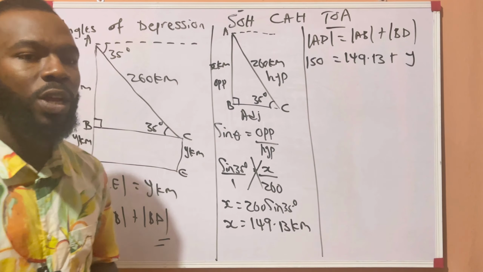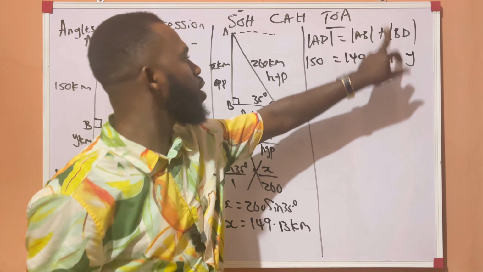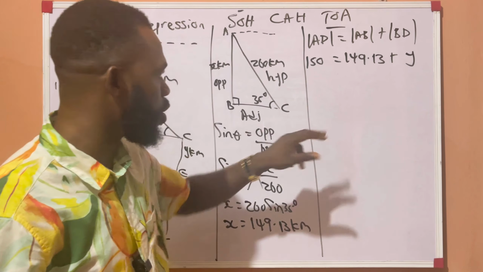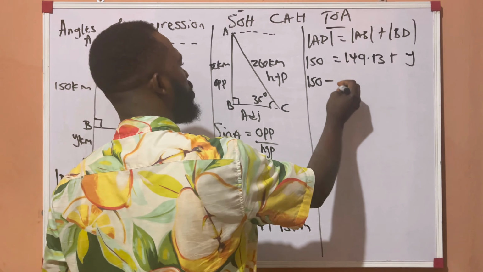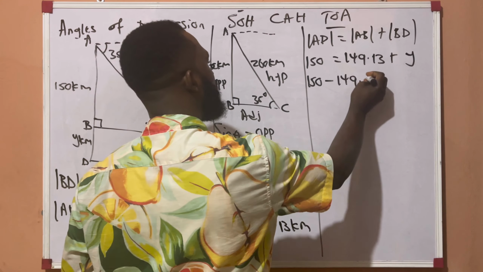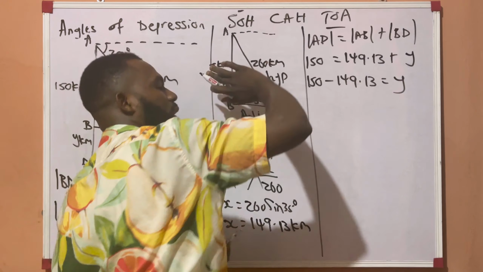Right. Now, if we want to get y, it means we have to collect like terms. When 149.13 crosses to the left-hand side of the equation, it becomes 150 minus 149.13 is equal to, what do we have left here now? Y. We collected like terms.